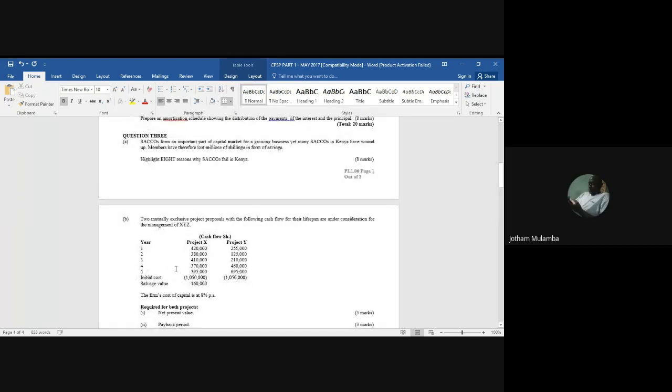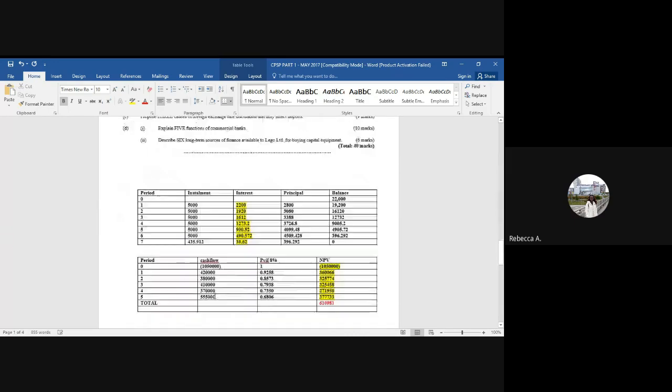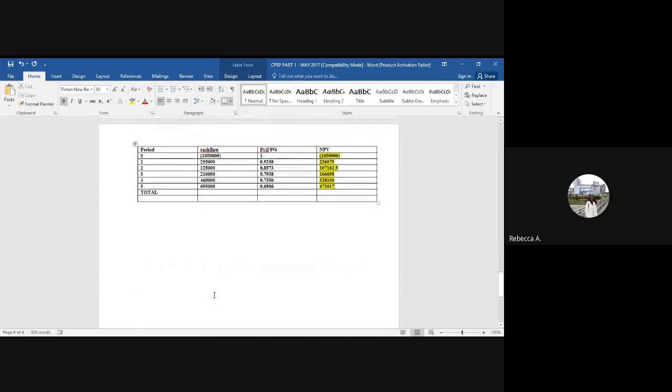Now, from this cash flow, the salvage value, we have only been given salvage value for project X, not for project Y. Project Y, we have not been provided the salvage value, so we don't add. Is that clear? Okay, thank you. Welcome. Okay, good. So, do you get the same figure? Let me substitute, sorry.